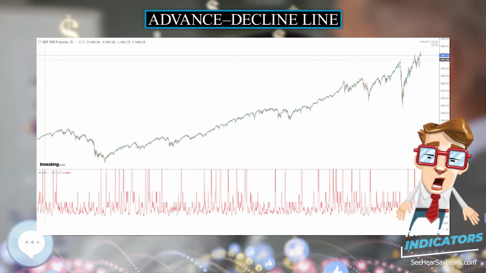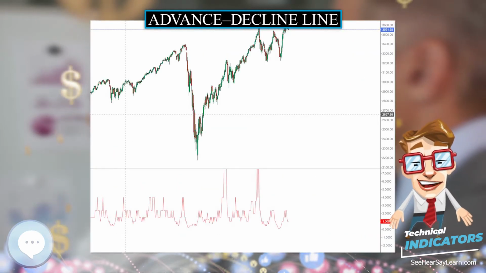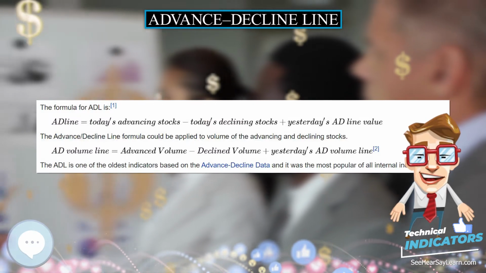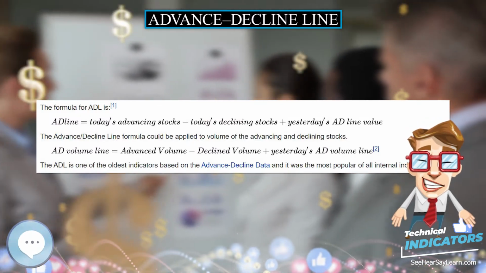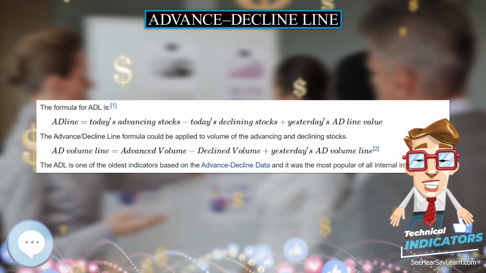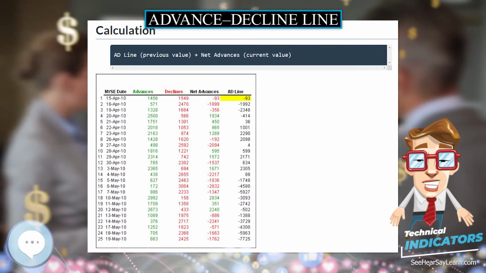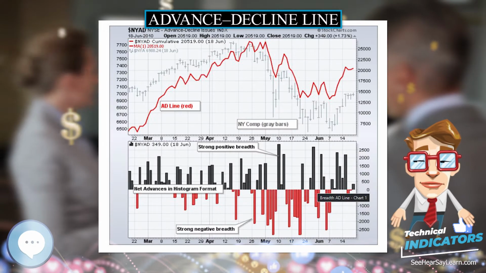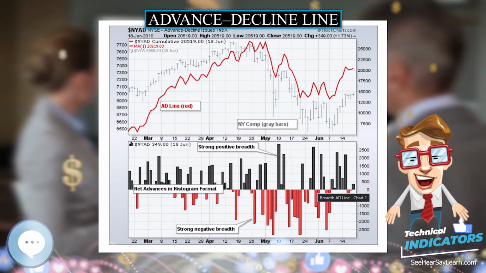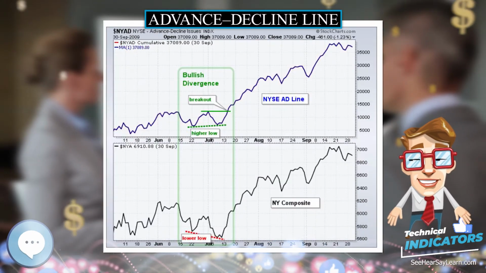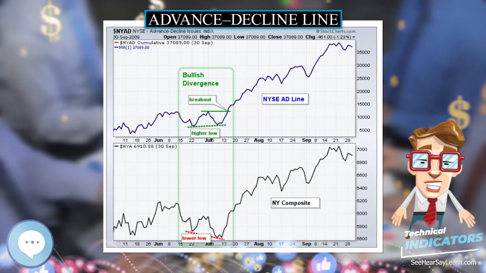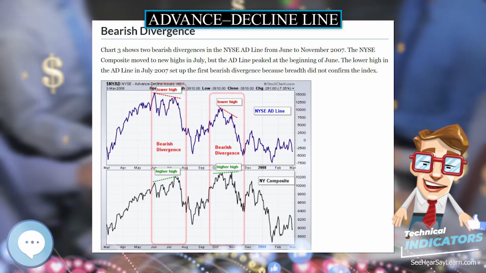Divergence. Divergence is when the stock market index moves in one direction while the ADL on that index moves in the opposite direction. If the index moves up while the ADL moves down, the index may be misleading about the true direction of the overall market, as happened toward the end of the dot-com bubble in 1999 to 2000, when the indices continued to rally while the ADL diverged downward starting at the beginning of 1999.